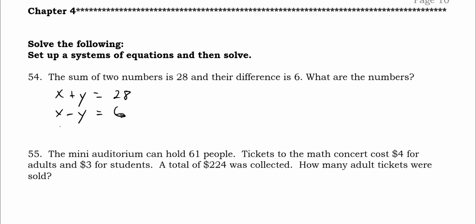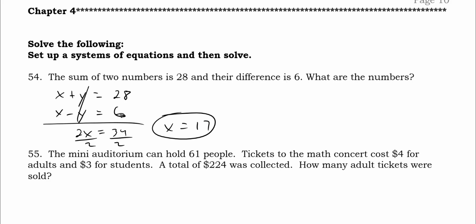All right, and then this one's nice because things cancel using the elimination method, and so the y's cancel, we get 2x. Not x, because that's what you guys made a mistake on a lot of times on the quiz. It's 2x is equal to 34 and divide by 2, so x equals 17.